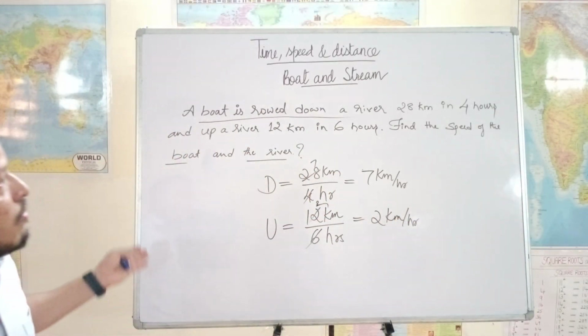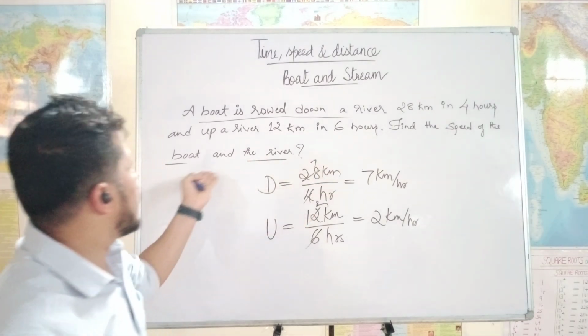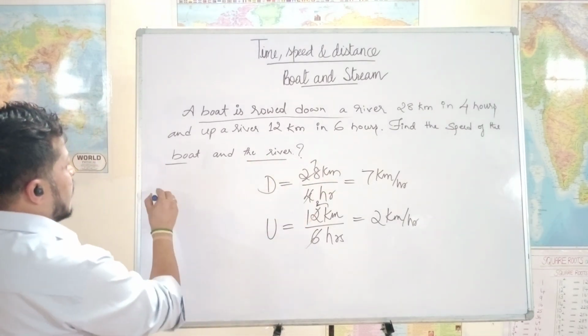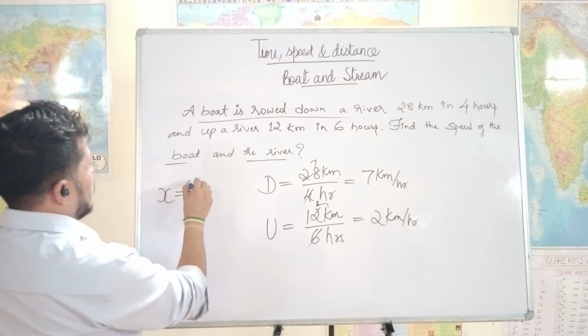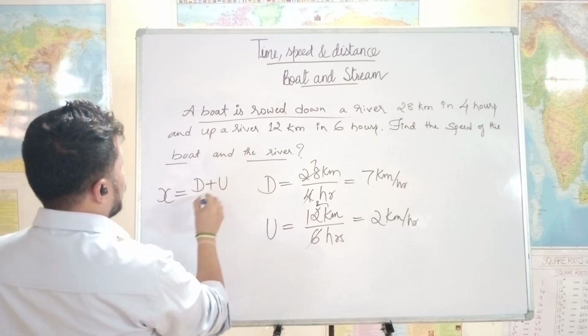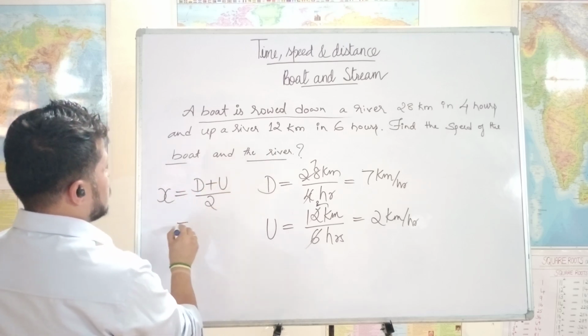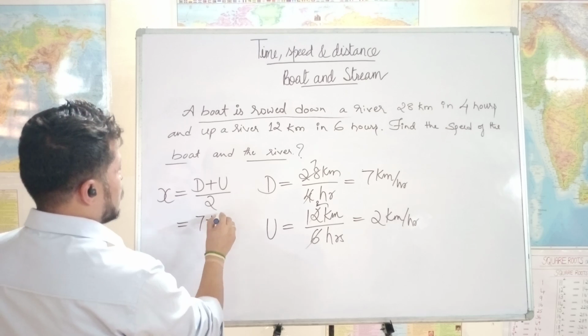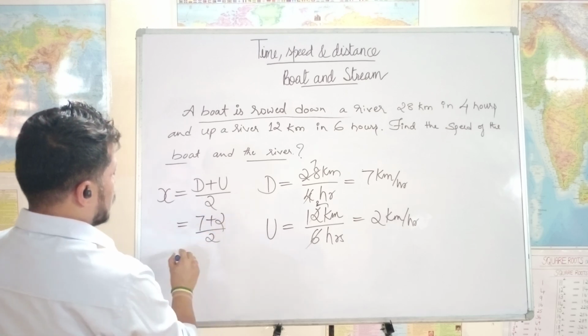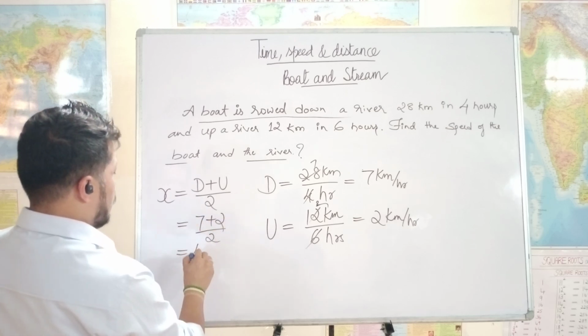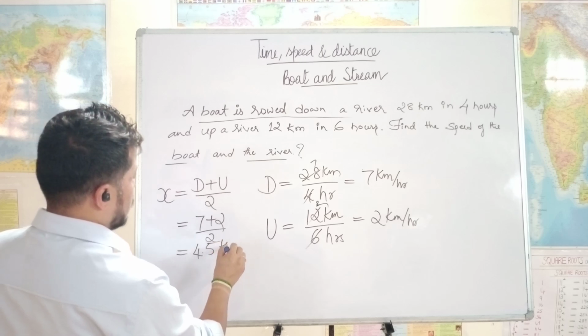Now what we need to find? We need to find the speed of the boat and the river. The speed of the boat is x is equal to d plus u by 2, which is 7 plus 2 by 2 is equal to 9 by 2 is 4.5 kilometers.